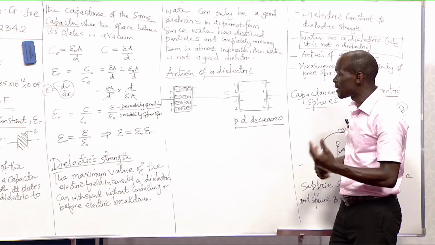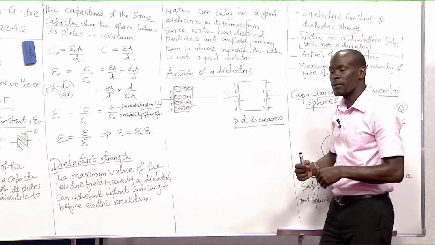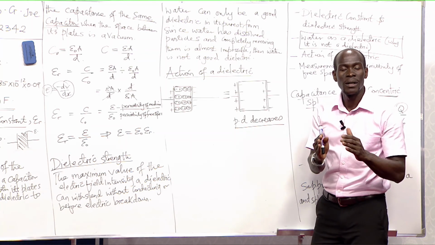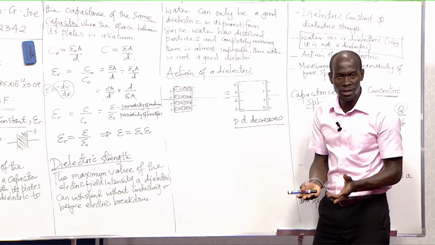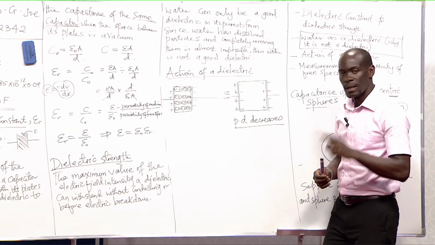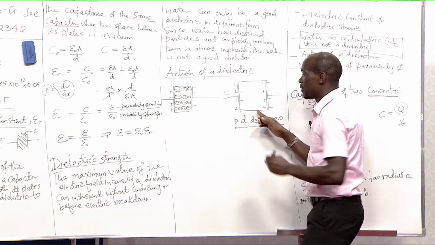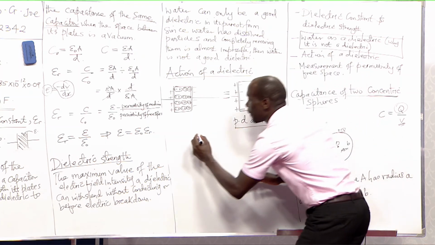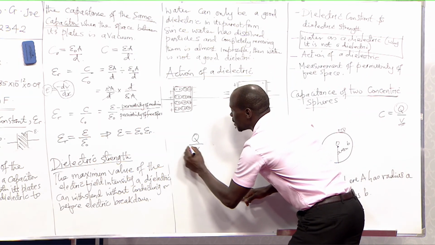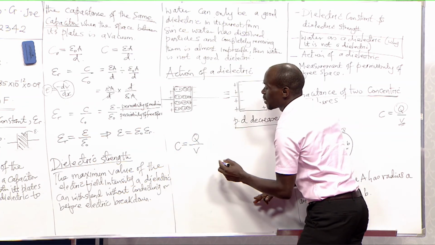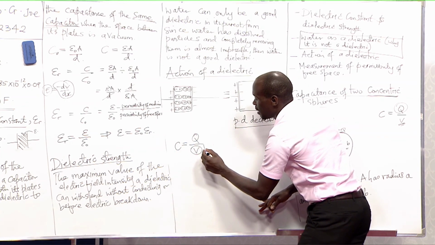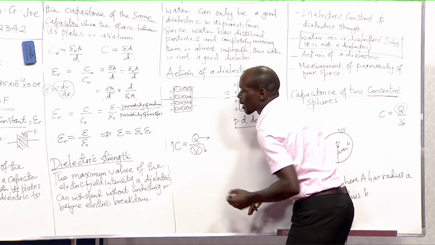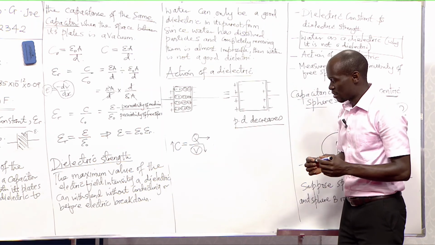Okay? Now, as that happens, it means that the dielectric is able to help in the storage of charge. Now, at the point where the PD reduces, remember, this capacitor is charged. So when the PD reduces, from this expression, a reduction in the PD, keeping charge constant, will increase the capacitance of the capacitor.